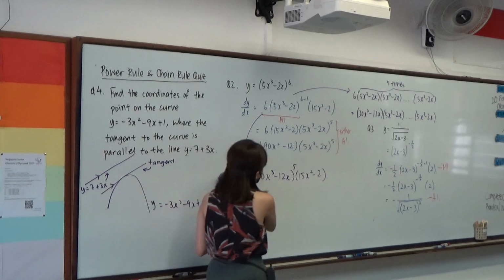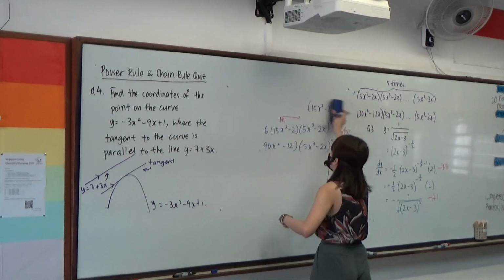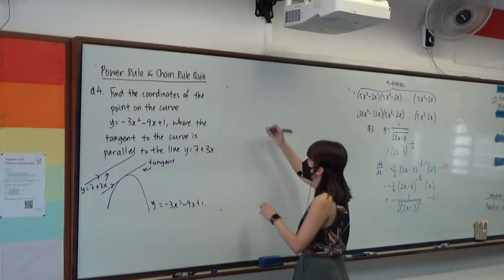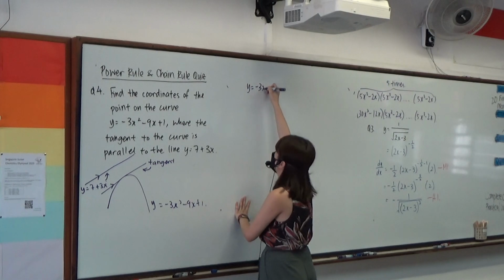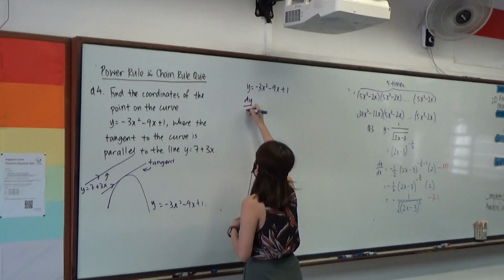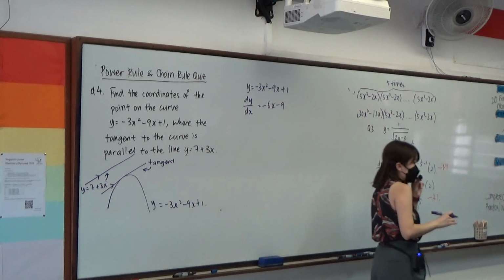So one of the critical interpretations of dy over dx is that it is the gradient of a curve. Most of you can actually do your differentiation and give me dy over dx equals negative 6x minus 9. So most of you can do this.